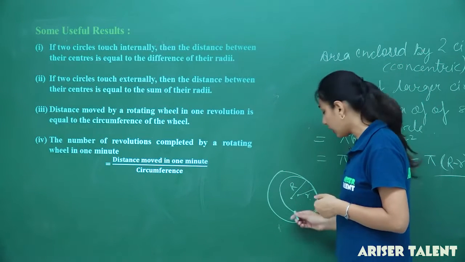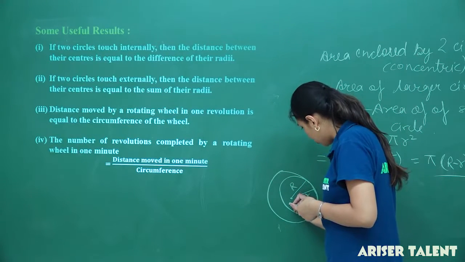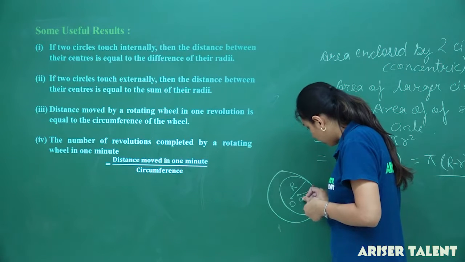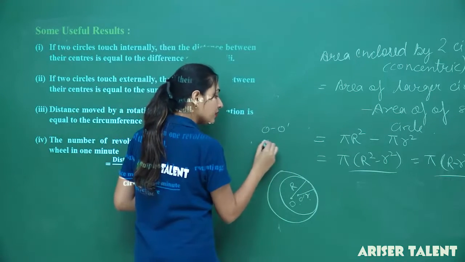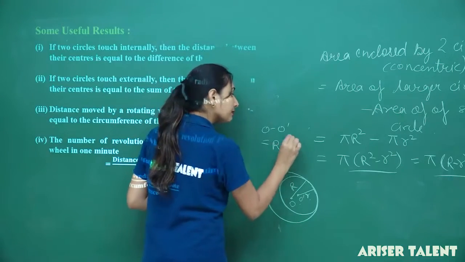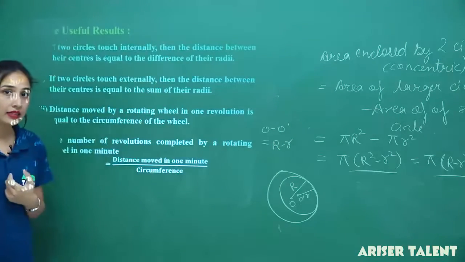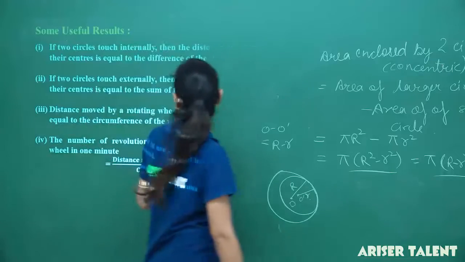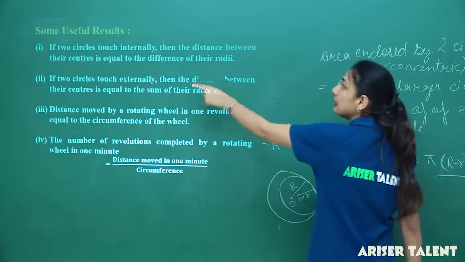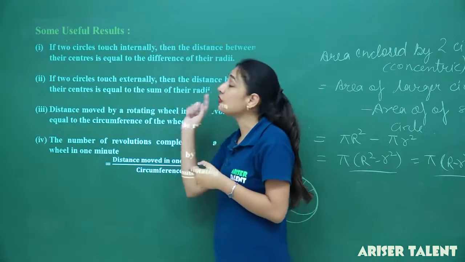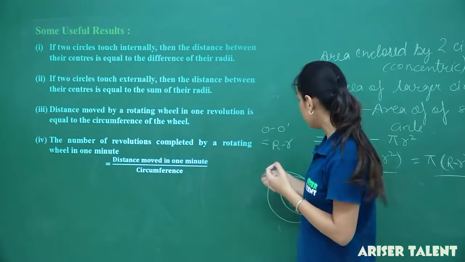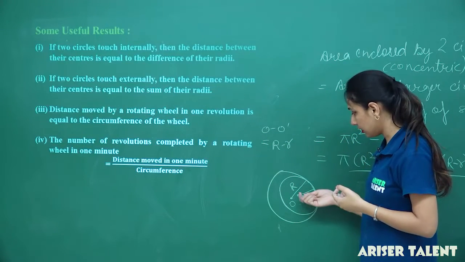The bigger one I will call O and the other O dash. So O O dash will be equal to R minus r, the radius of the larger circle minus the radius of the smaller circle. So if two circles touch internally, then the distance between their centers is equal to the difference between their radii. This is the radius of this and this is the radius of this.